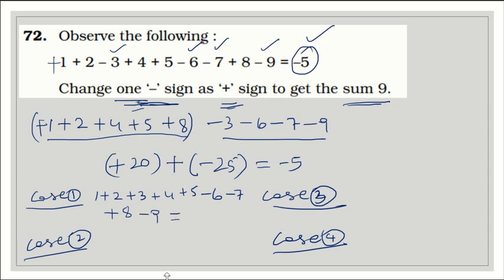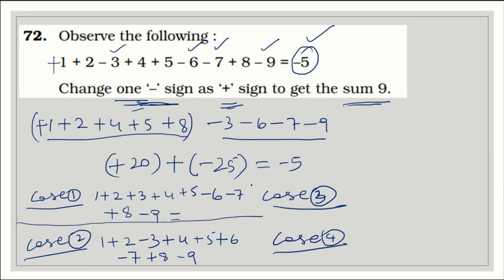So this is case 1, and case 2 gives me 1 plus 2, 3 will be minus only, 4 positive, 5 positive, whereas only 6 now has a plus sign, and minus 7 plus 8 minus 9 only. So this is case 2.